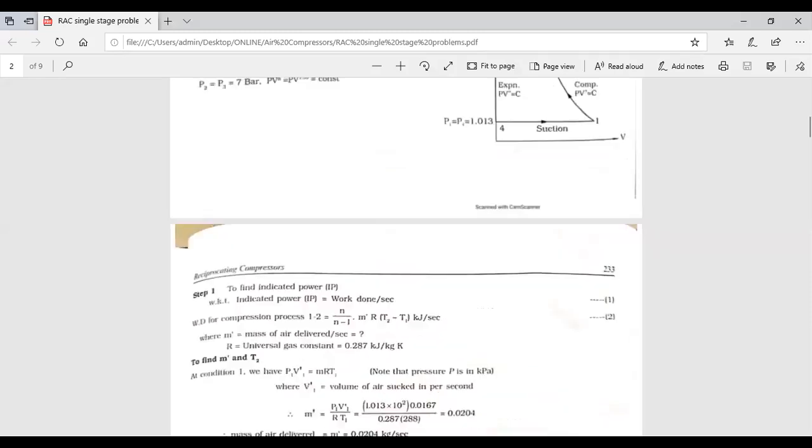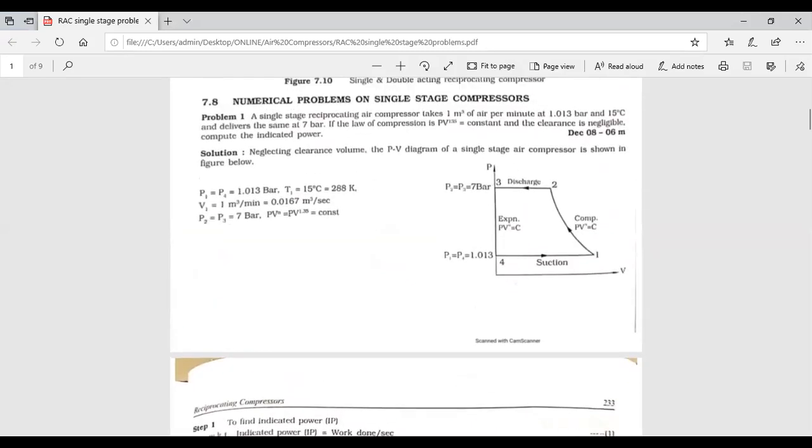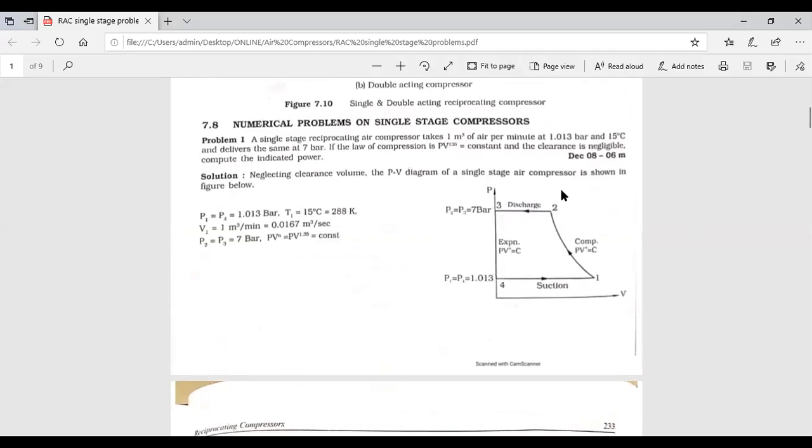Now analyze this PV diagram. This is the PV diagram of a single stage reciprocating air compressor without clearance volume. We don't have any clearance volume. 4 to 1 is a constant pressure process, 1 to 2 is the polytropic compression process, and 2 to 3 is the discharge at constant pressure. We have the highest pressure at 2.